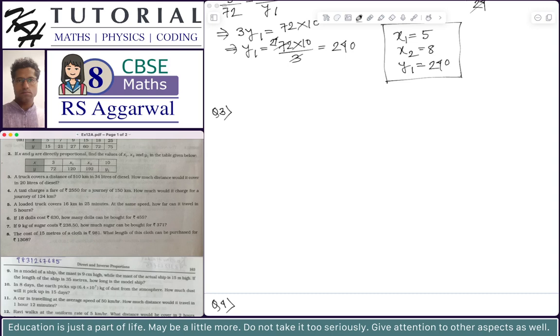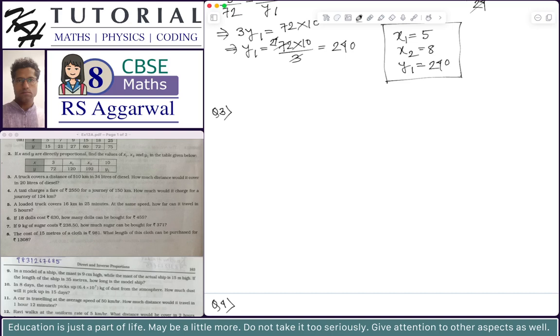So if x and y are in direct proportion, all the corresponding values of x must have the same unit, and all the corresponding values of y must be of the same unit.